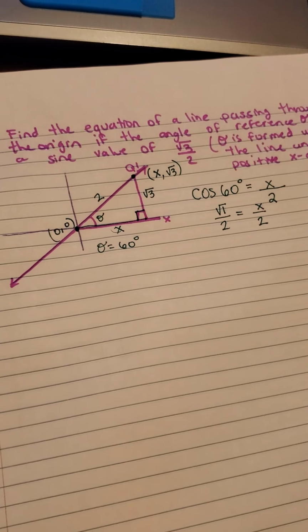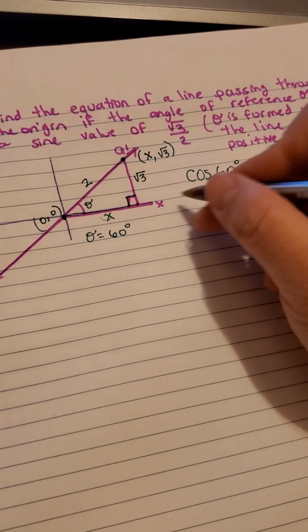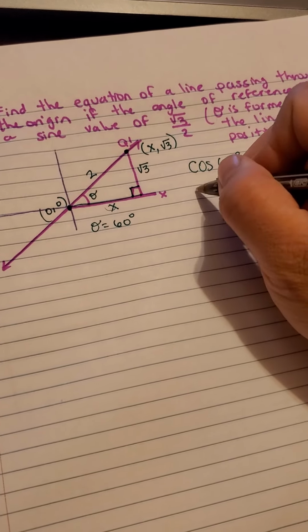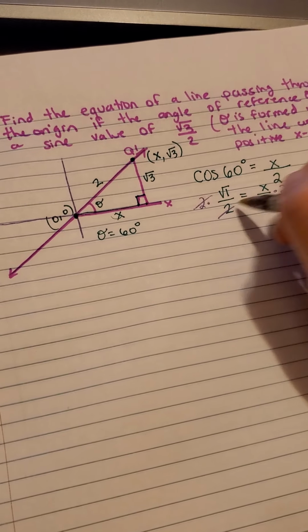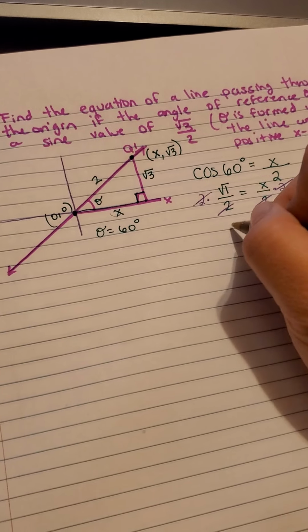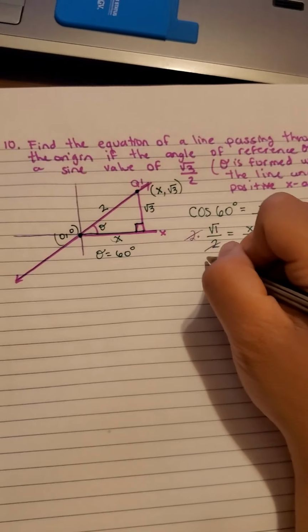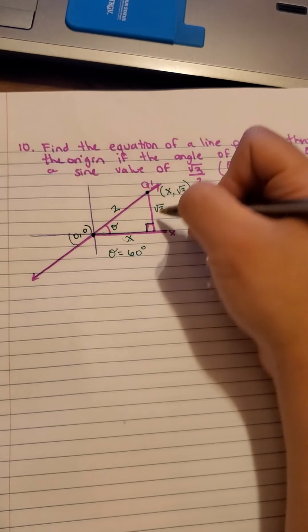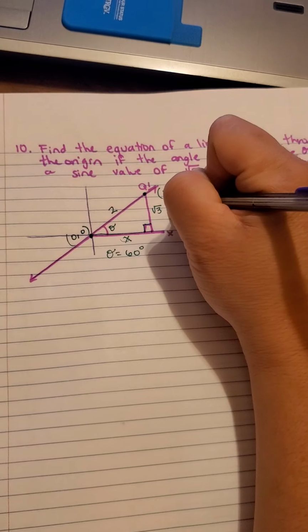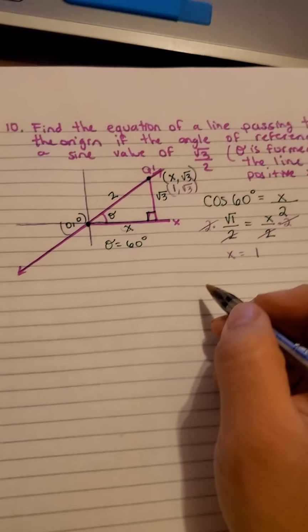This proportion is very simple because if you multiply both sides of the equation by 2, then you can cancel out like that, and then square root of 1 is 1. So we have x equals 1. So now we have a coordinate here. This value of x is 1. So we have a point, 1, square root 3.